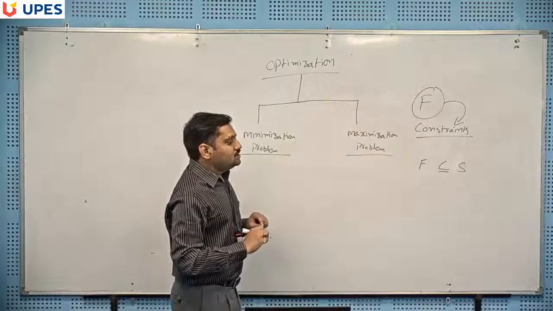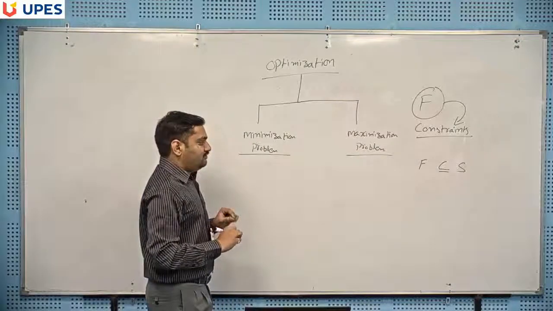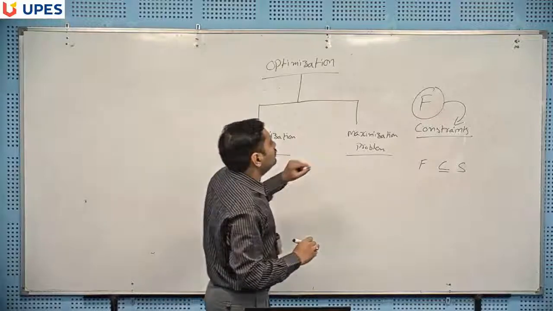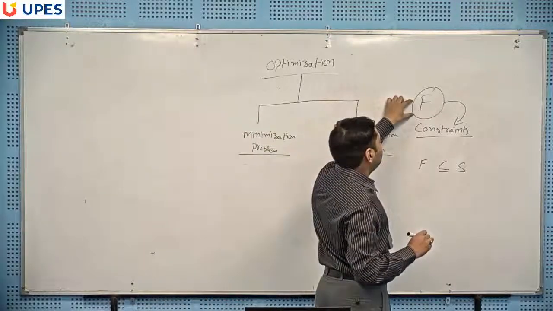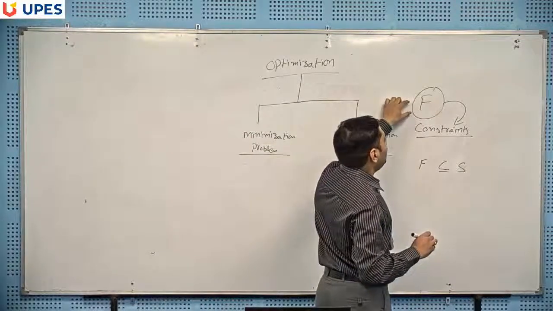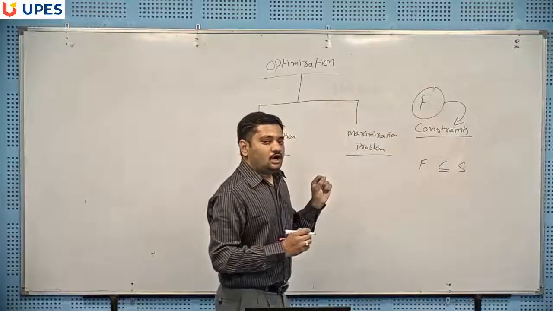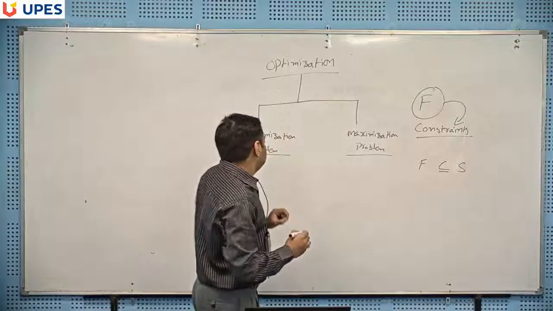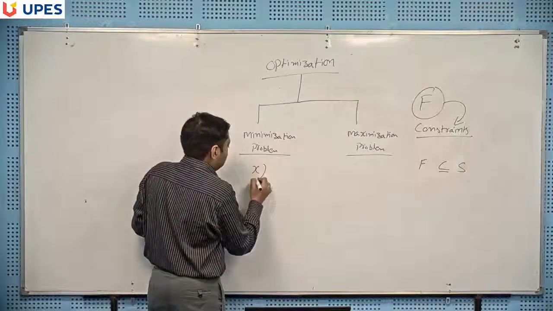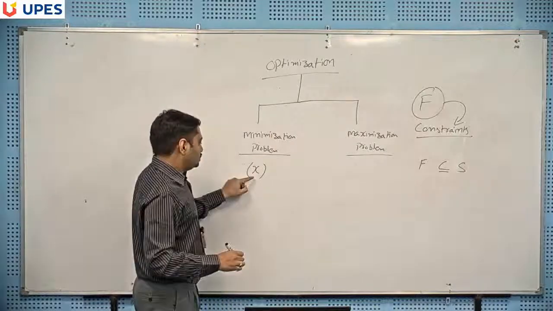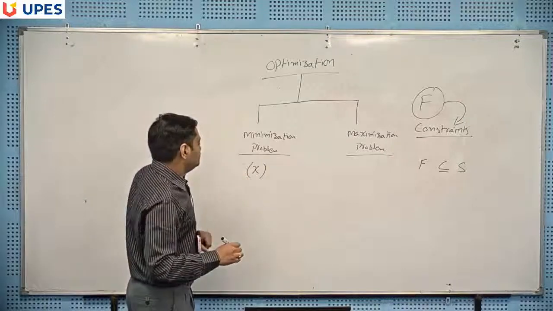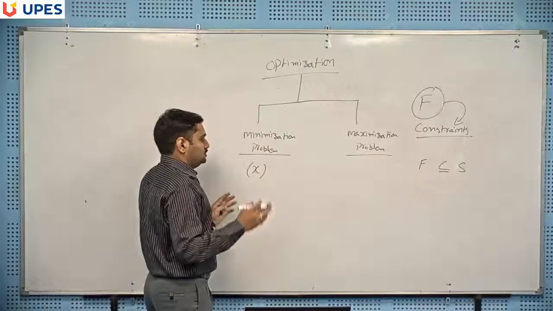The minimization problem we can define like this: in the feasible solutions F, you have various solutions. Out of that, you want to find a particular x, the most optimized one out of the feasible solutions.